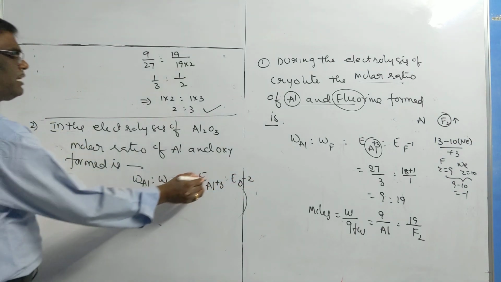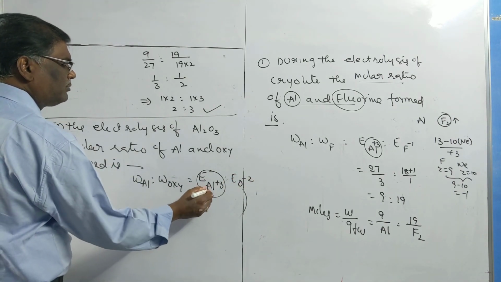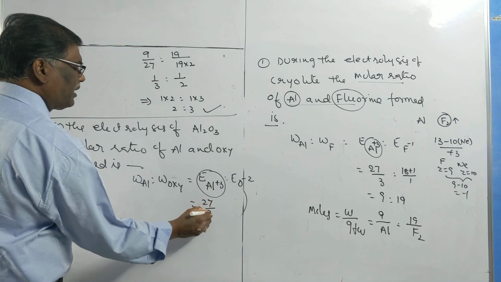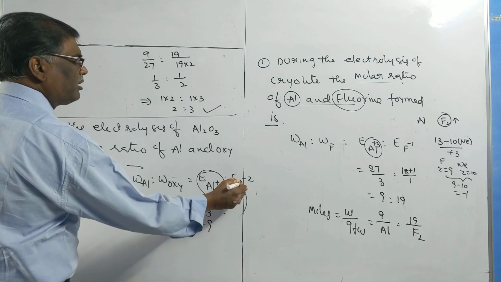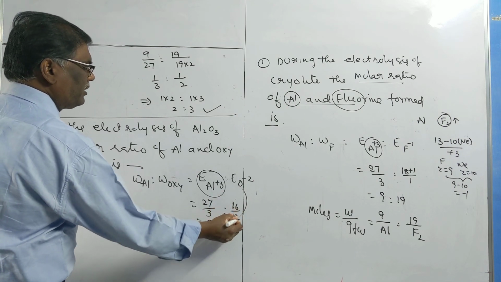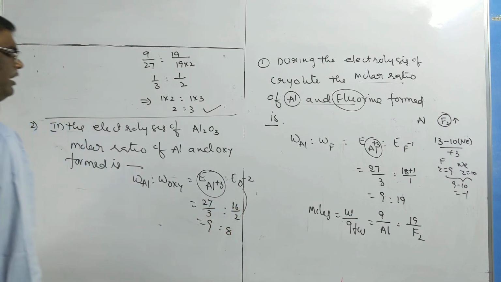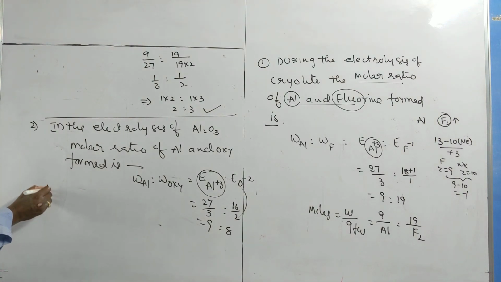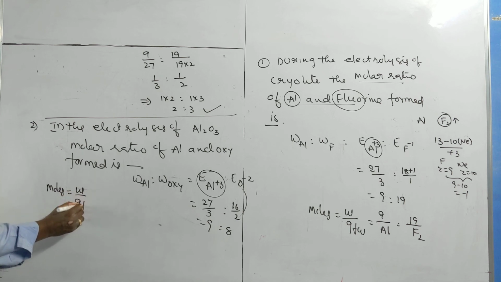Okay. Now what is the equivalent weight of aluminum? Formula weight 27 by 3 means 9 here. For oxygen, the atomic weight is 16, so the equivalent weight is atomic weight by 2, which is 8. So 9 is to 8 is the weight ratio. Now we want the moles ratio. Moles equal to weight by gram formula weight.